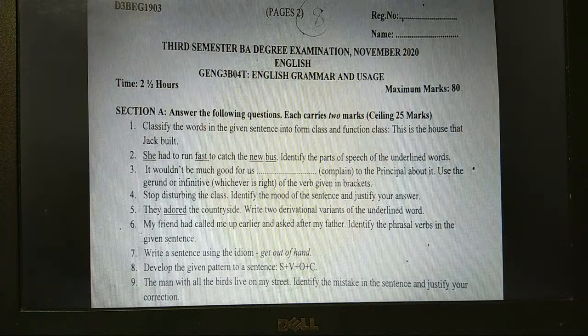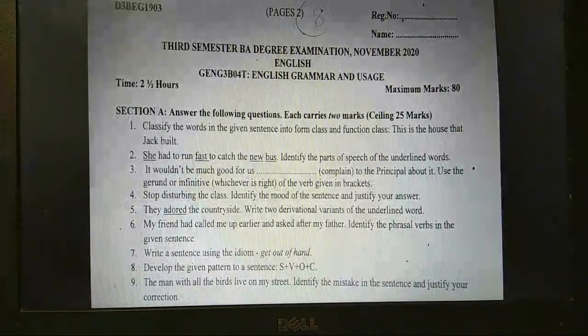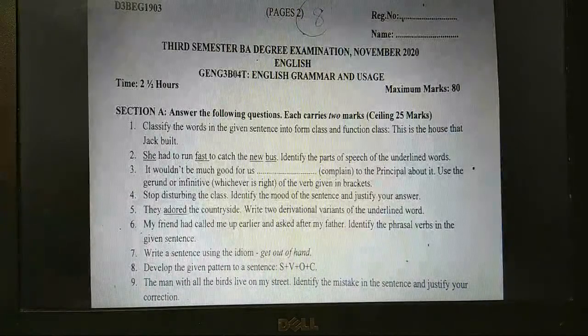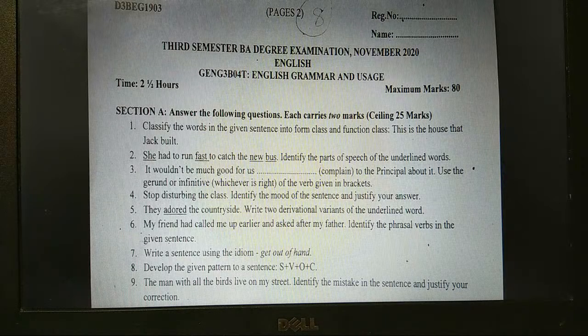She, hyphen, pronoun. We are sure she is a pronoun. Next, fast, hyphen, adverb. Next, new. New, we know, is an adjective, and bus is a noun.